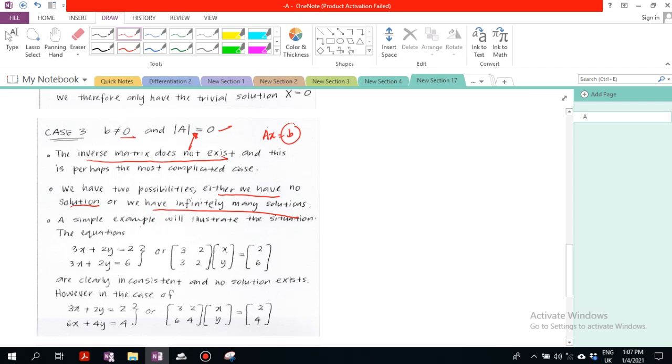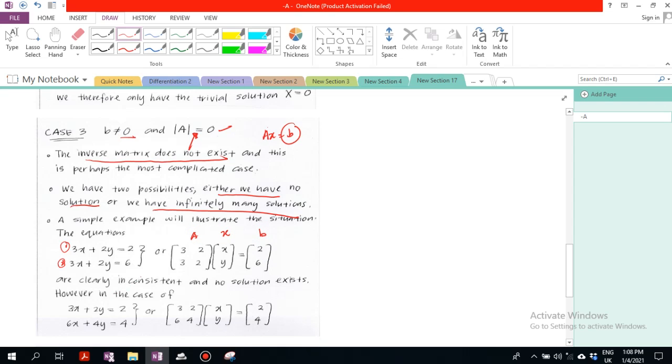For example, you have 3x plus 2y equal to 2 as the first equation, and the second equation is 3x plus 2y equal to 6. In matrix form, it is the 2 by 2 matrix 3, 2, 3, 2 times x and y, equal to 2, 6. This is your A, this is your x, this is your small b.